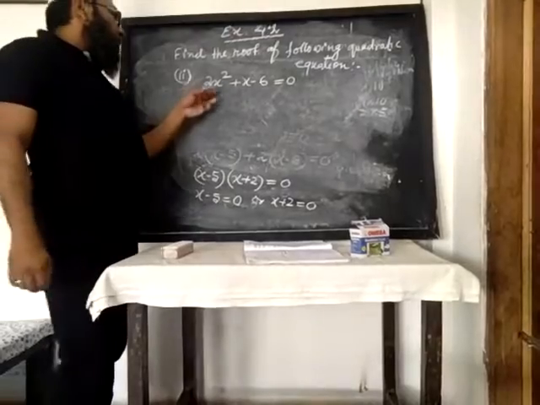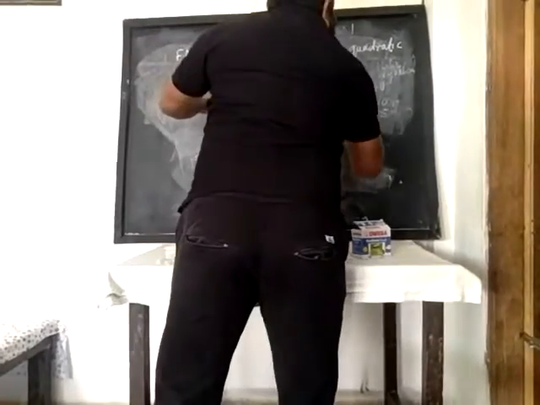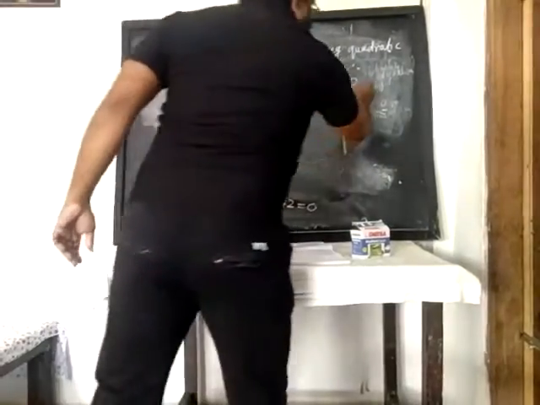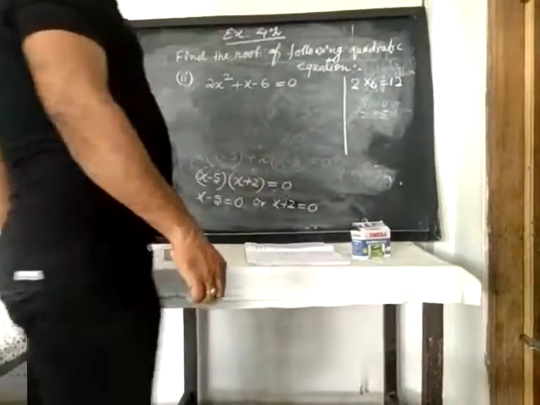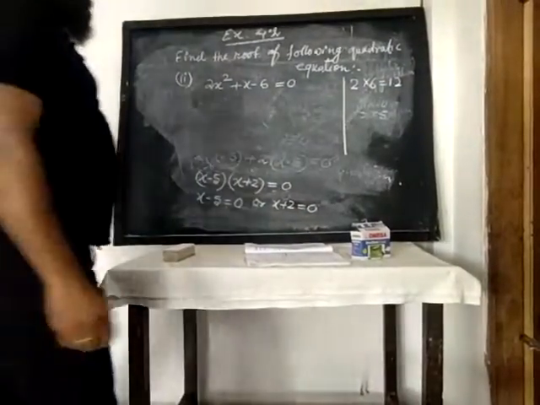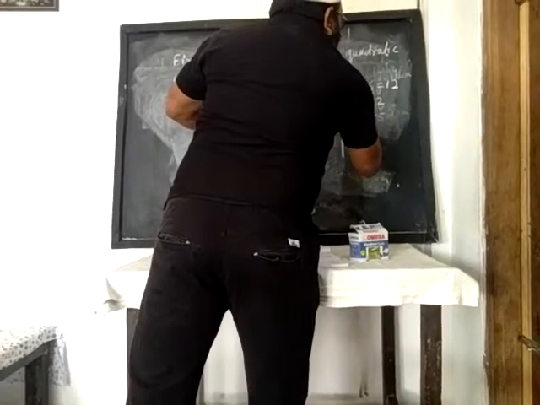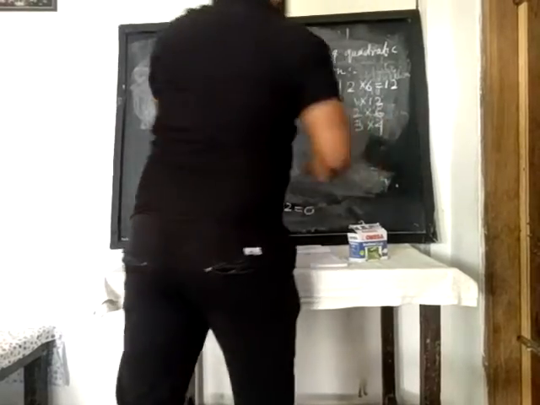Here the coefficient of x squared is 2 and the constant term is 6. 2 times 6 is 12. Now we find all the factors of 12: 1 into 12, 2 into 6, 3 into 4.